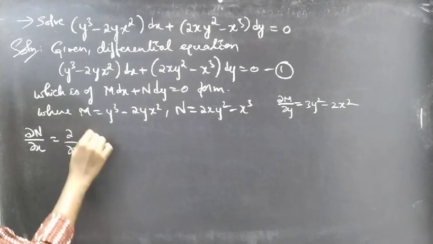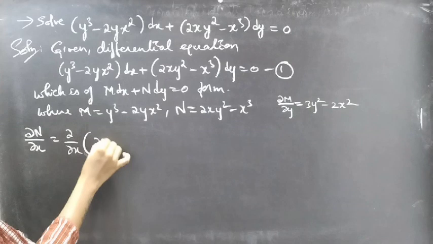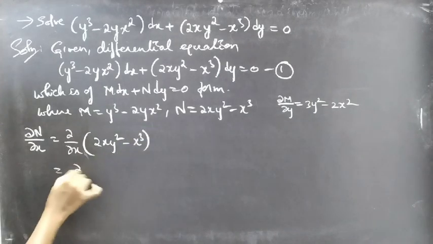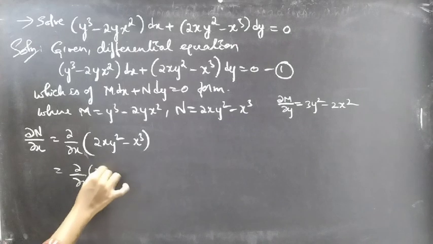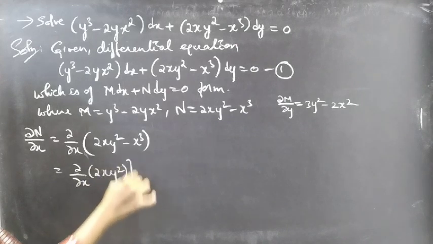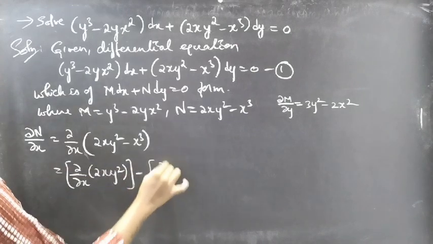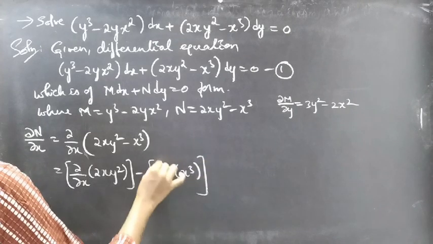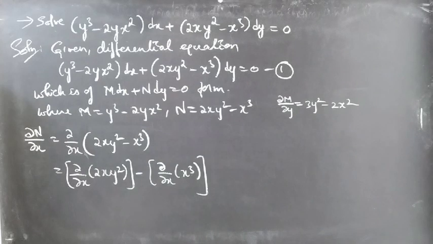Let's find the partial derivative of N with respect to x. Dou by dou x of 2xy square minus dou by dou x of x cube. Since it is a partial derivative with respect to x, we need to treat y as constant. So here 2y square is constant.